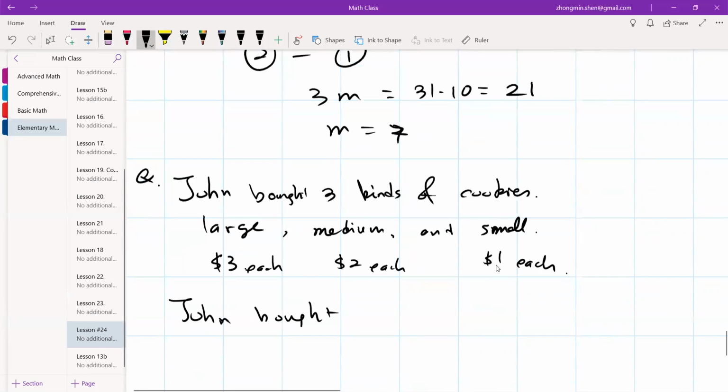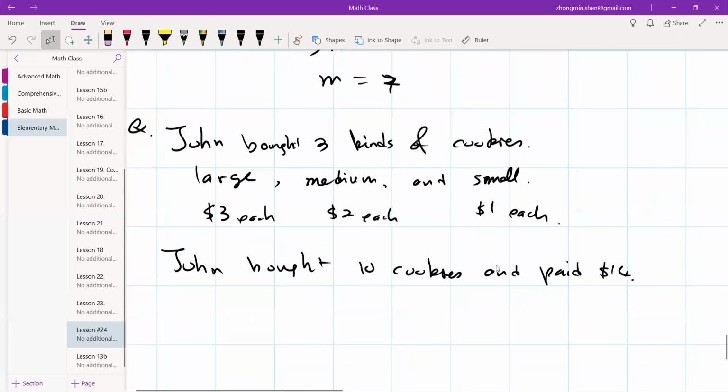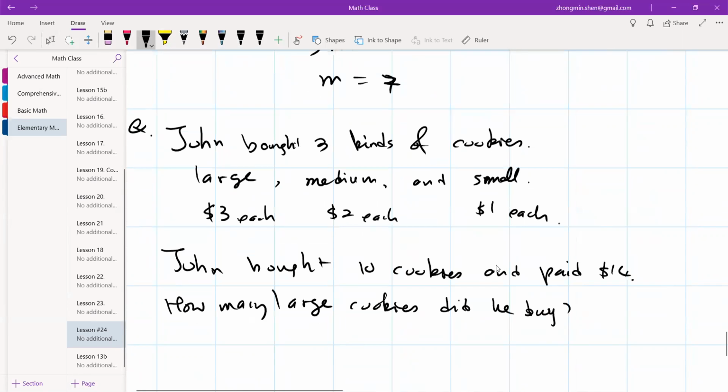John bought 10 cookies and paid a total of $14. How many large cookies did he buy?